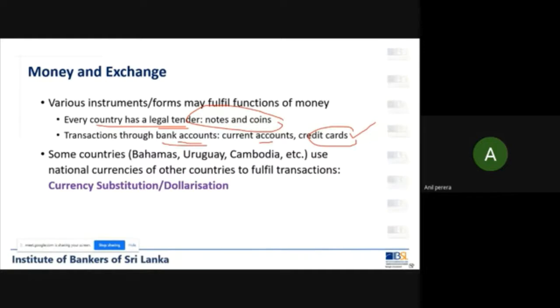I think in Cambodia they have a currency called riel. So these are large value notes. I have seen these notes. Now, for example, a minimum note could be 10,000 riel. So you give it to the vendor to fulfill the transaction.